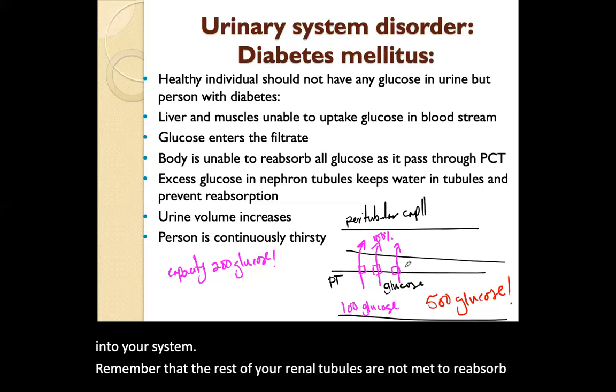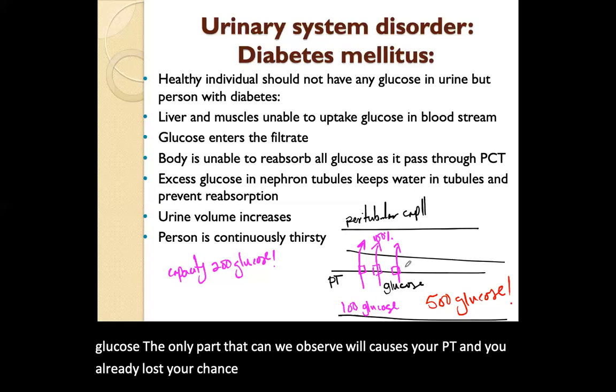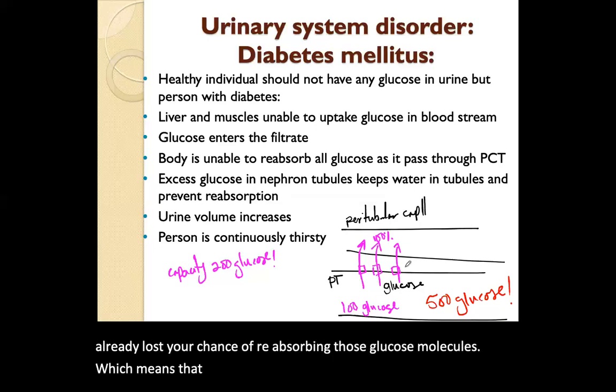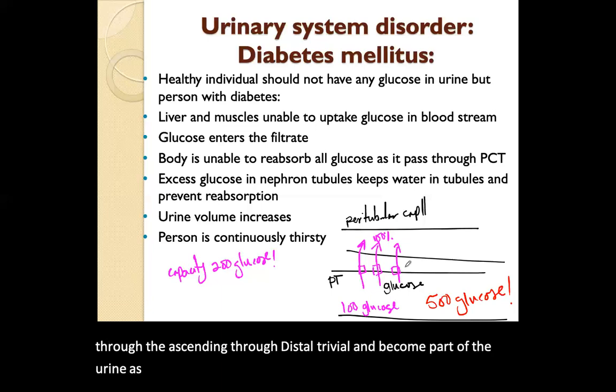The only part that can reabsorb glucose is your PT, and you already lost your chance of reabsorbing those glucose molecules, which means the glucose is going to go through the descending tube, through the ascending tube, distal tubule, and become part of the urine as it enters the collecting duct. And that is eventually going to be excreted from our body.